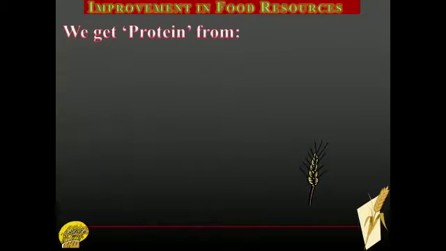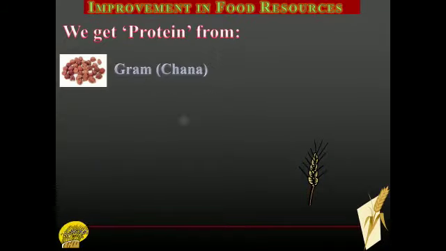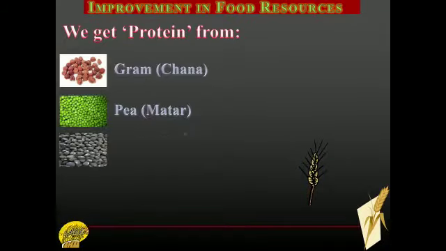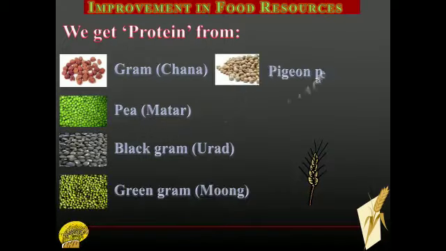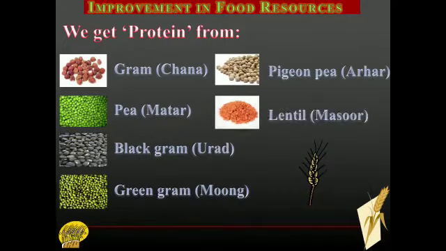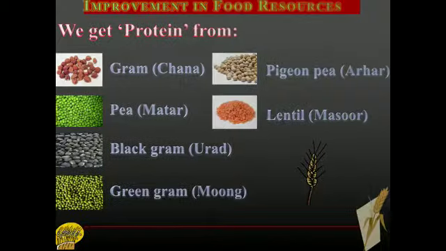If we talk about protein, then we get protein from gram, pea, black gram, green gram, pigeon pea, lentils, and why do we require proteins? We require proteins because they act as bodybuilding substances. Then we also require fats.